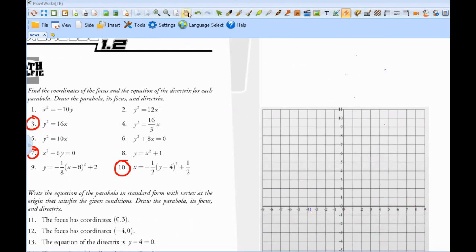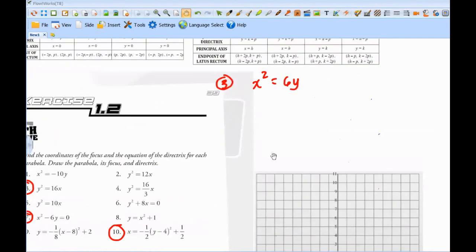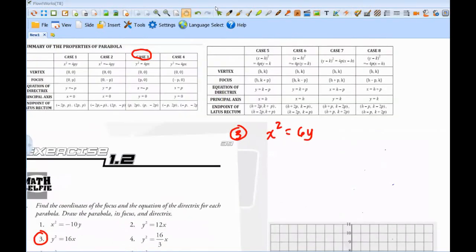Next, which case? You have to refer to the x squared. Which case do we have? It's positive, so it's case 1. Case 1 has the formula x squared equals 4py. So we need to get our p. 4p is equal to 6.